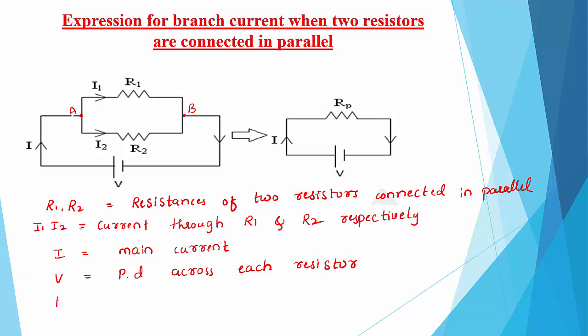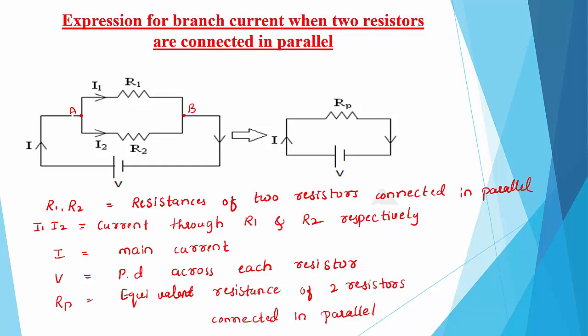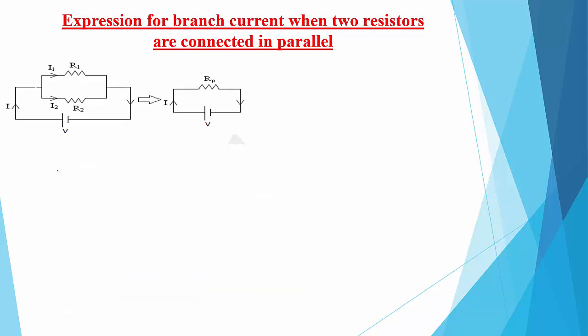So R1 and R2 are the resistances of two resistors connected in parallel. I1 and I2 are the currents passing through the resistors R1 and R2. I is the main current, V is the potential difference across each resistor, and Rp is the equivalent resistance of two resistors when they are connected in parallel. Now we can derive an expression for branch current.